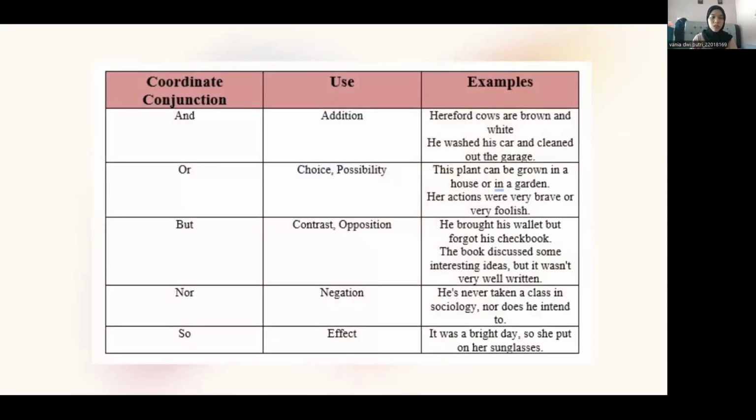The most common conjunctions are and, but, nor, and so. And is usually used for addition, but is usually used for contrast or opposition, nor is used for negation, and so. Example sentences.